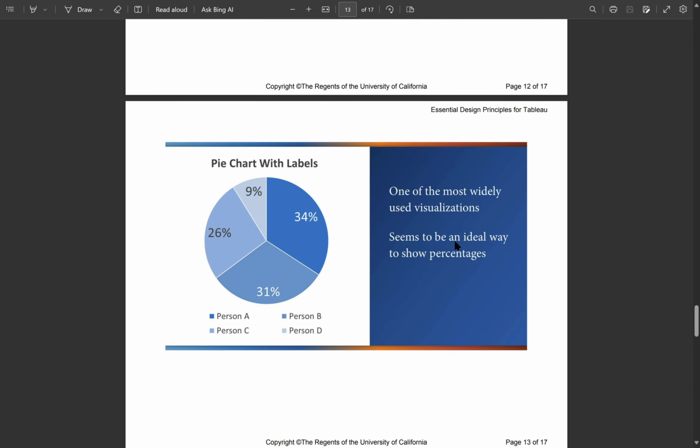Look at this graph. At first glance, we can see that a pie chart is a great way to show percentages. But we'll see in a later slide why we should try to avoid pie charts as much as possible.